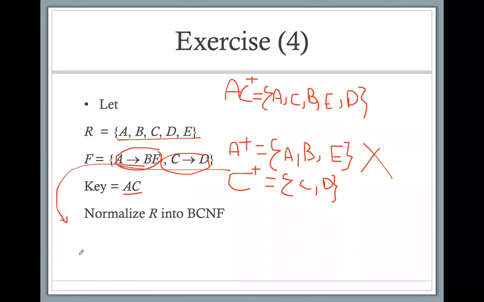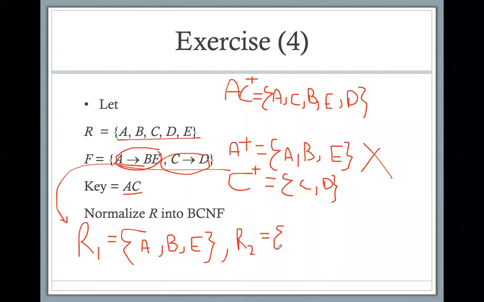I will create a new table, R1, which contains A, B, and E, everything that depends on A. And then the other table, R2, would contain A, the attribute itself, to connect these two tables.